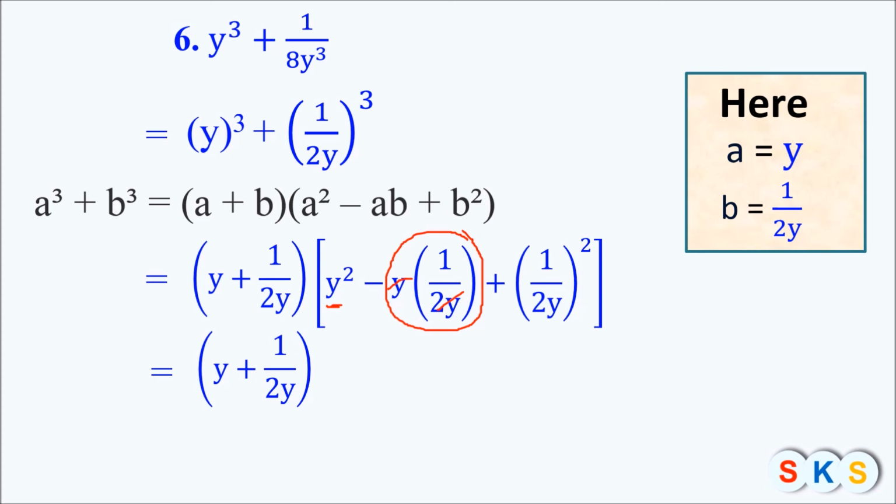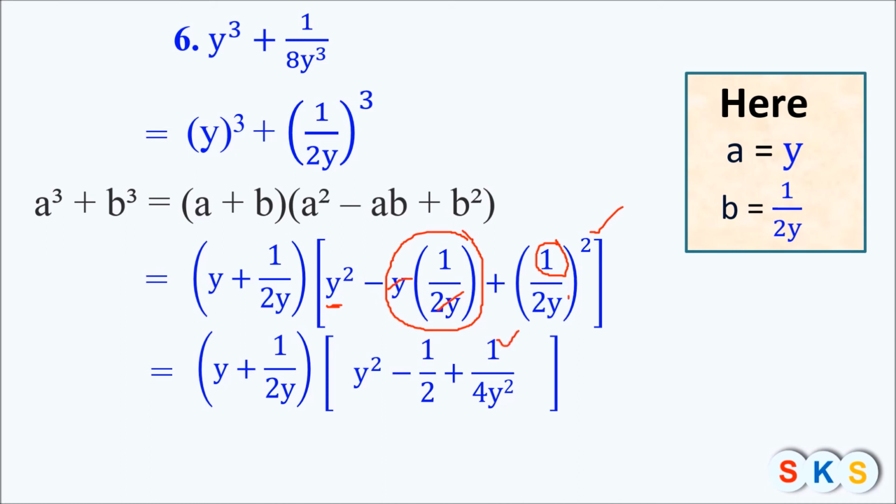If I cancel this y, what we will get here, 1 upon 2. Okay, so we will get here y square minus 1 upon 2, plus 1 upon 4y square. Let's see how we got here 1 upon 4y square. Square of 1, you can see here 1 square. 1 square means 1 into 1. So 1 into 1 is 1.